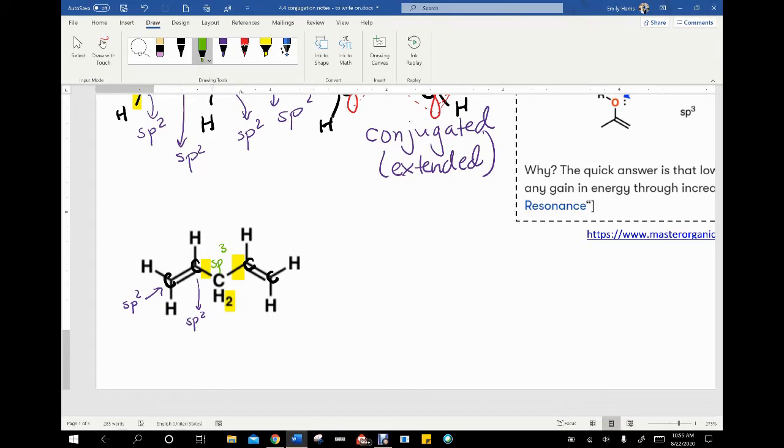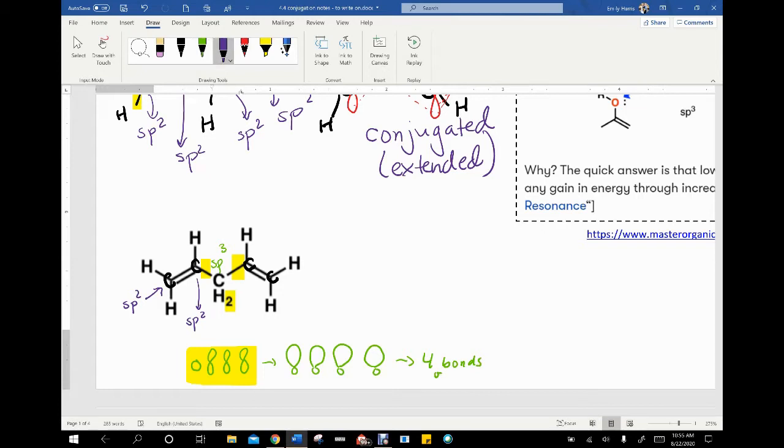Now remember, with sp3 hybridization, both the s and all 3 of the p orbitals are mixed. So that creates 4 new hybrid orbitals, and we don't have any unhybridized p orbitals left over. So those 4 hybrid orbitals are used to make its 4 single or sigma bonds.